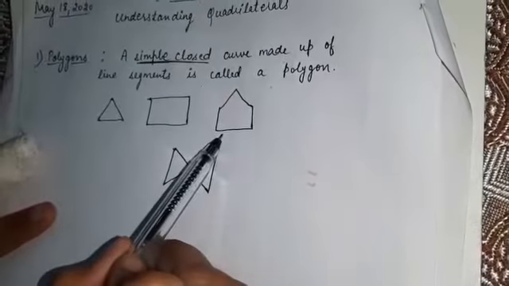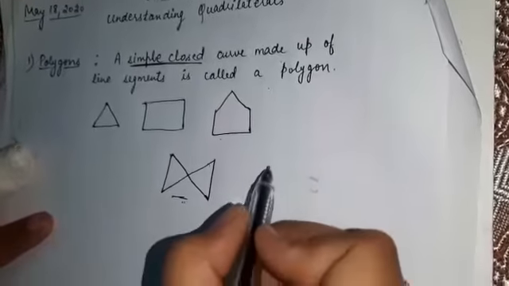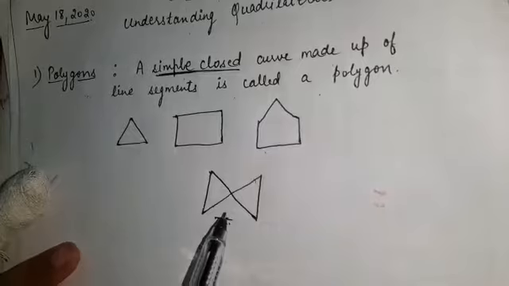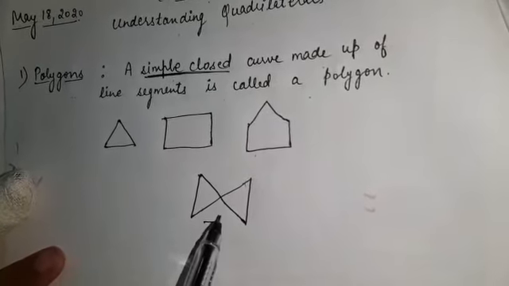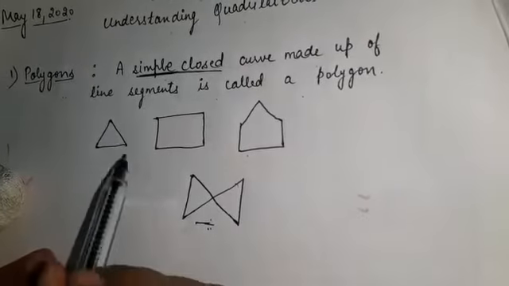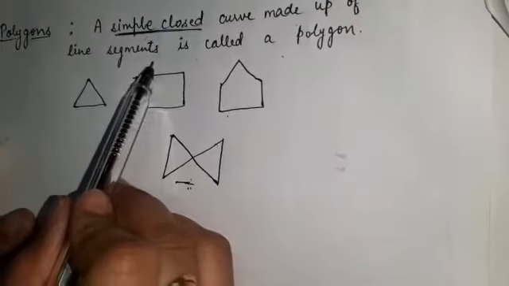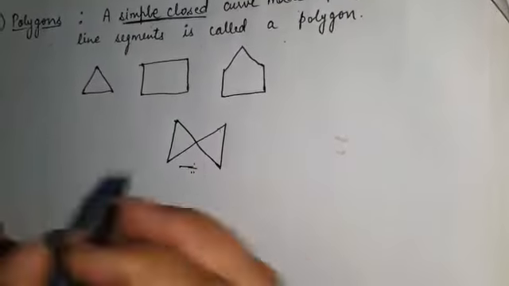These are types of simple closed figure, not this one. If any figure like this are given, like its line segments are crossing itself, then we cannot say that the figure is simple. Okay, so simple closed curve made up of only line segments is called a polygon.